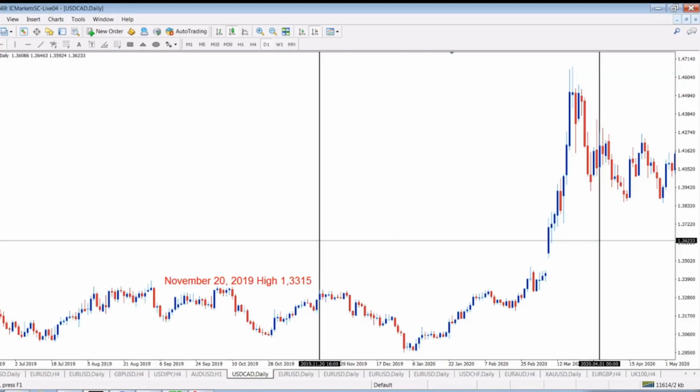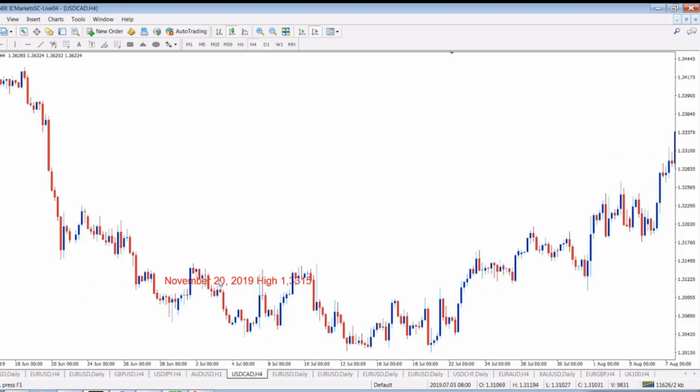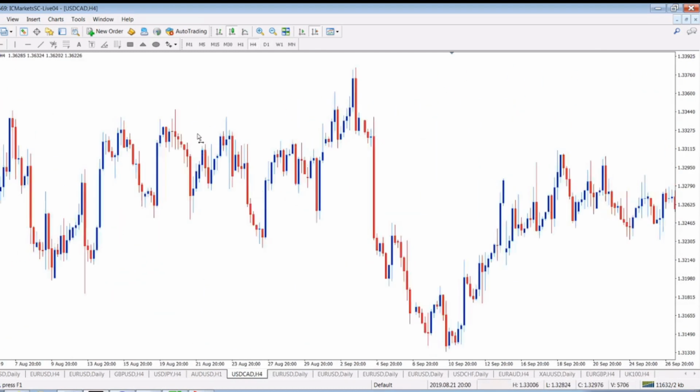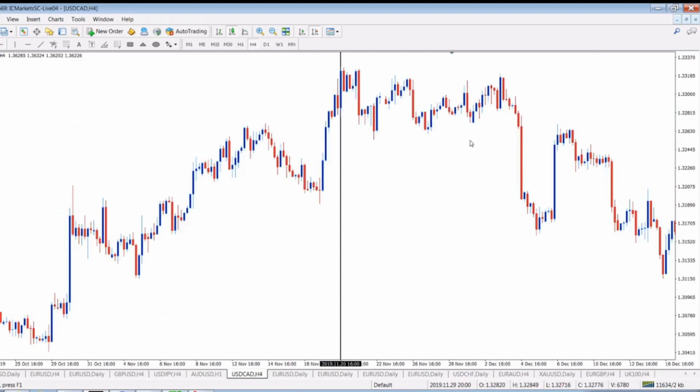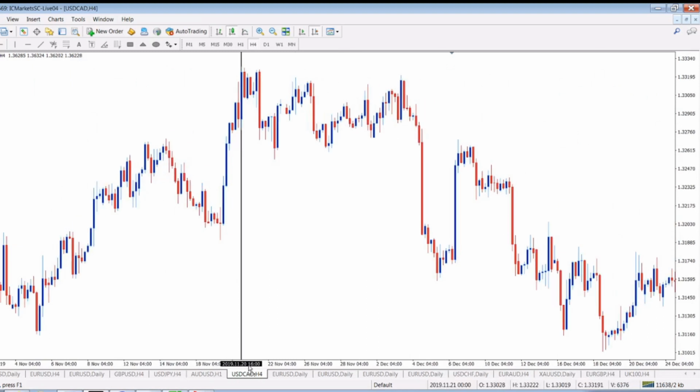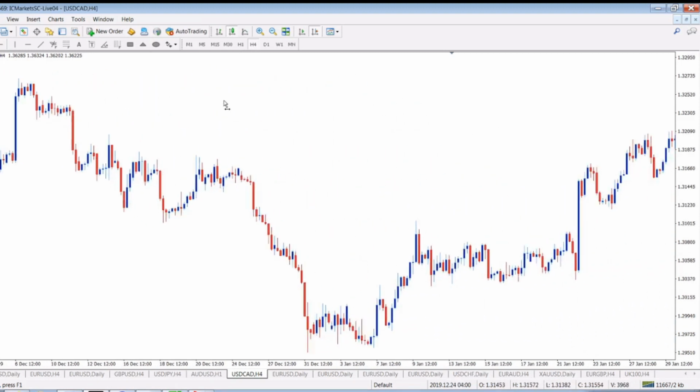Let me show you the effect of this change. Let's get it to 4 hours. Let's get rid of this. So after 133 days, what happened? The market hit exactly the local high. After ranging a couple of days, quite a good couple of days, 2 weeks, the market started falling.